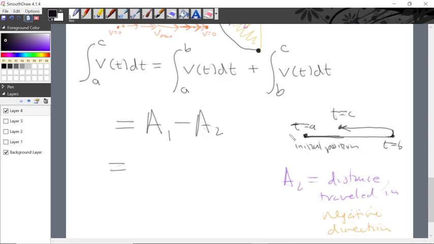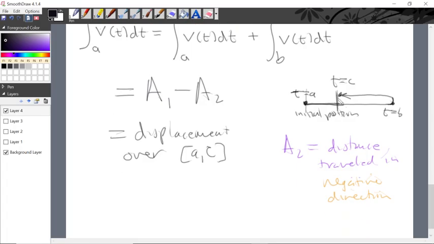The difference between the two would be how far the particle is from the start. And so that's going to be interpreted as displacement. Displacement over the interval from a to c. All right? It's how far it is at the end of its journey compared to where it was when it started.